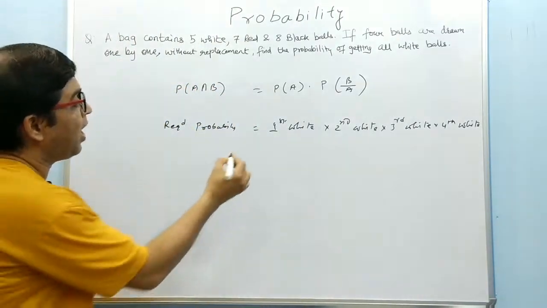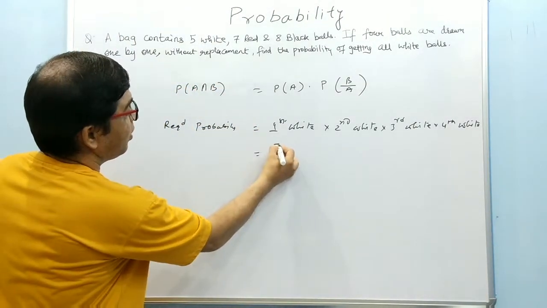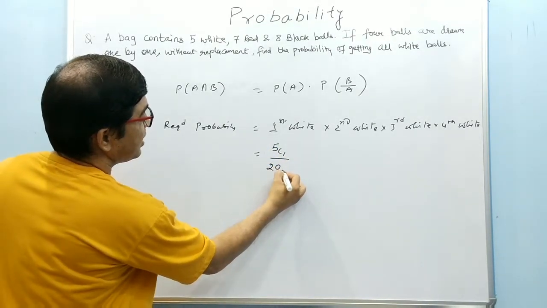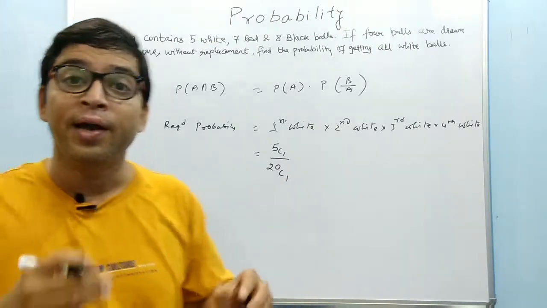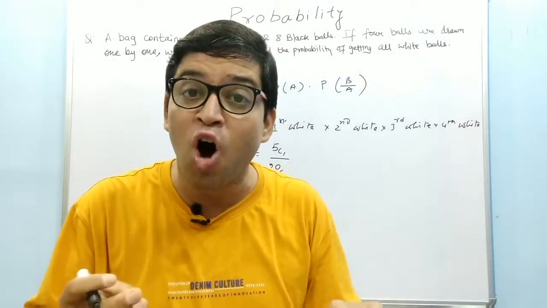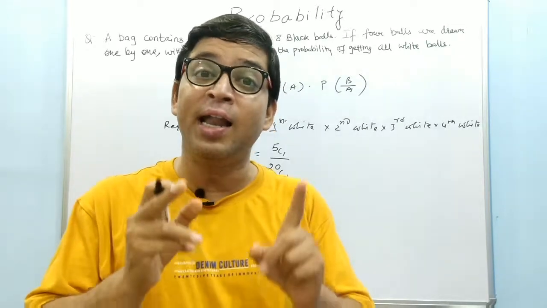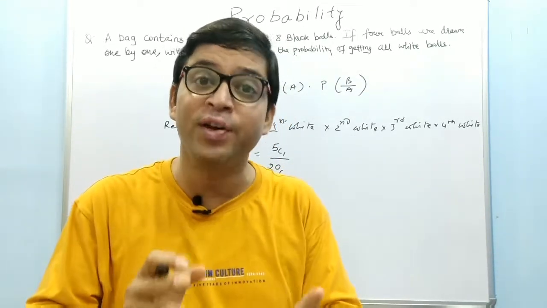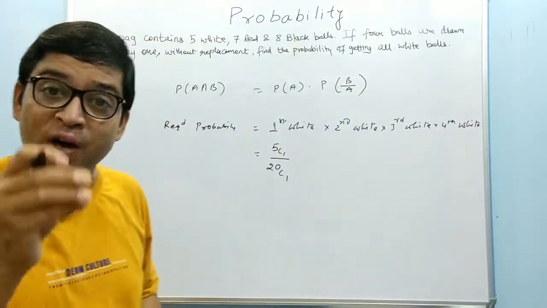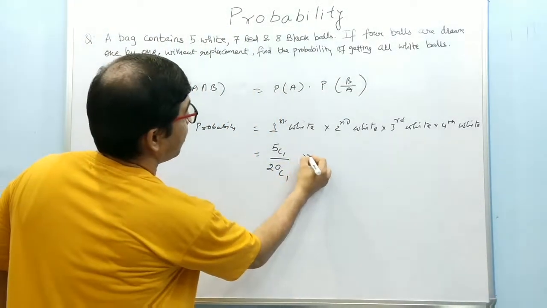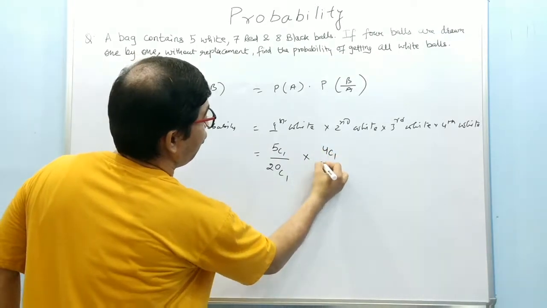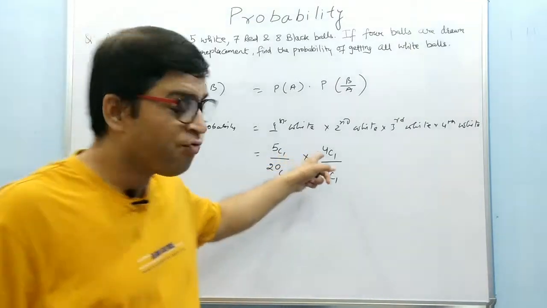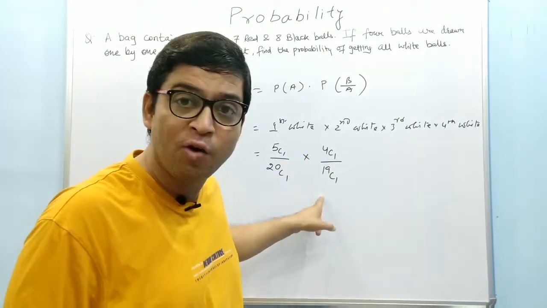Now first white, how many whites are there? 5C1 and total is 20C1. Now one ball has been drawn, so we are left with only 19 balls, out of which 4 are white because 1 white has been drawn. So out of 4 white we can draw 1 in this fashion and 19 balls are left. This is favorable outcome by total outcome.